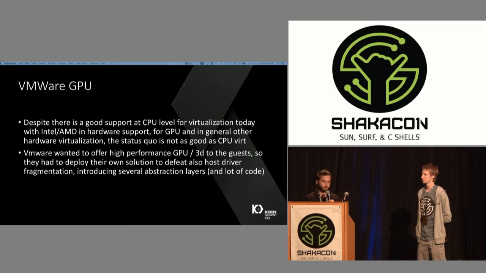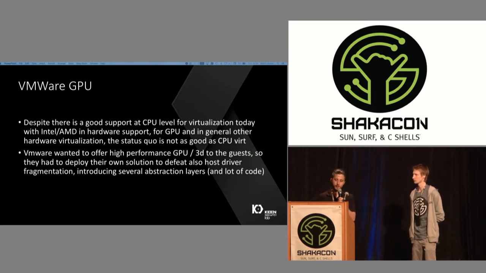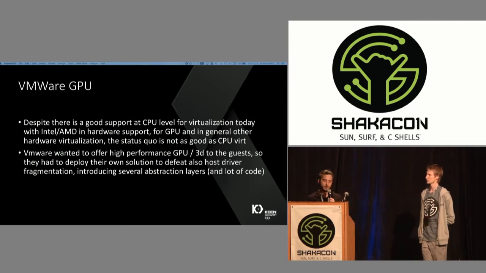So about the VMware GPU, why do they offer a virtualized GPU? Because thanks to Intel, the CPU is very well virtualized. Your code can run at native speed on your hardware if you have the VT-x extension.